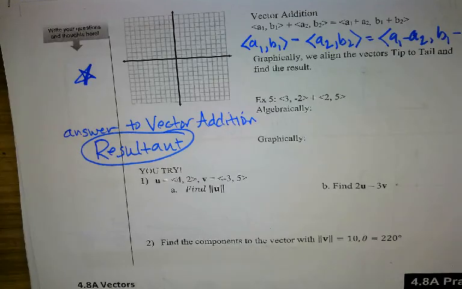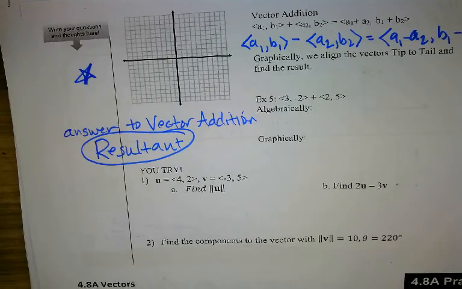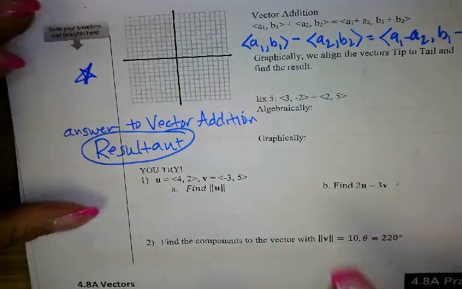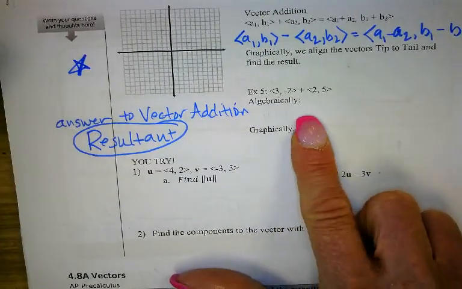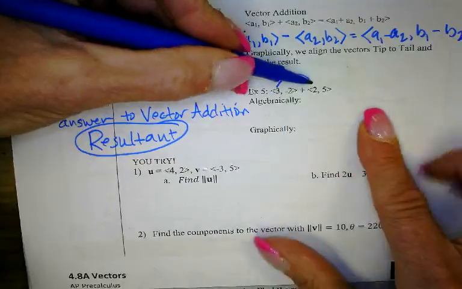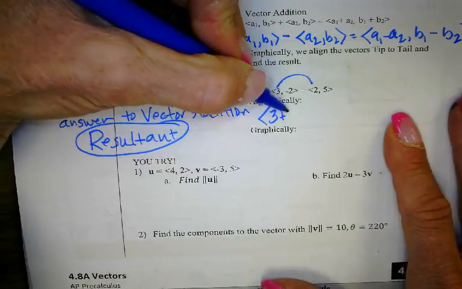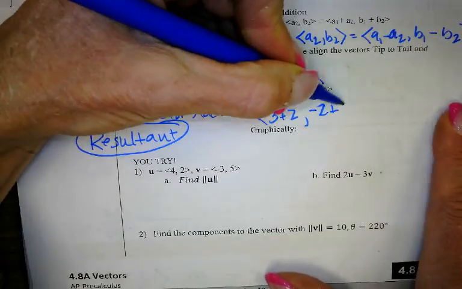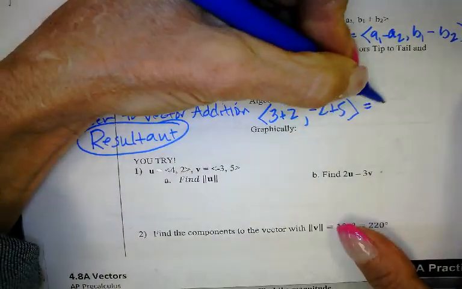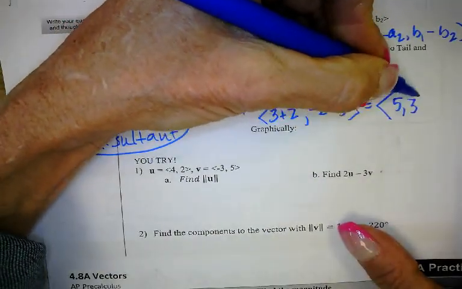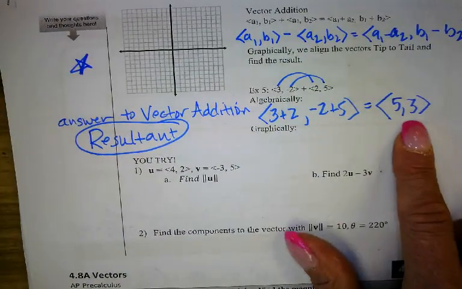So vector addition we can do graphically or algebraically. Algebraically is easy, so I'm going to do that first. I just add the x components, 3 plus 2, comma, add the y components, -2 plus 5, and my vector addition is 5, comma 3. So the resultant vector is 5, comma 3.